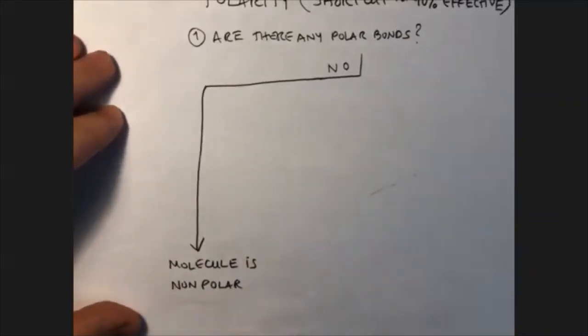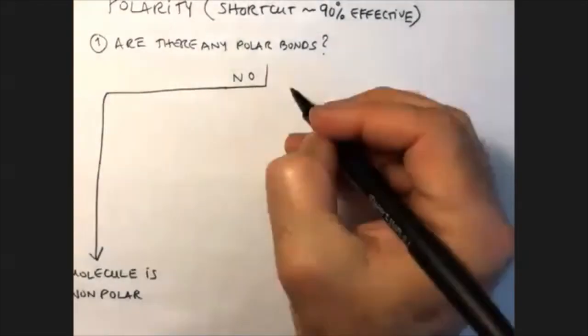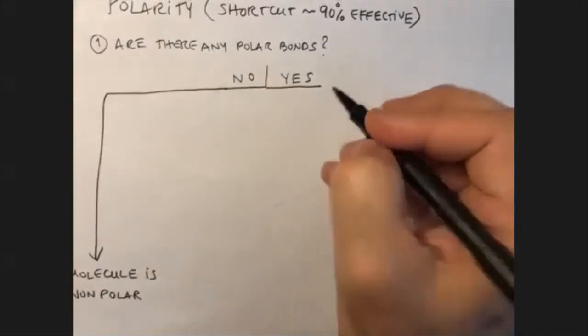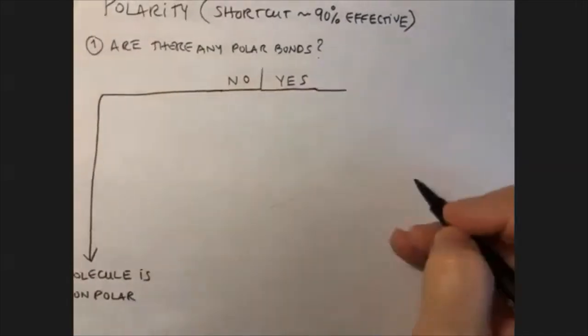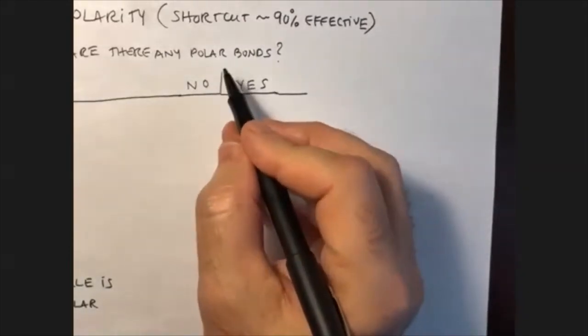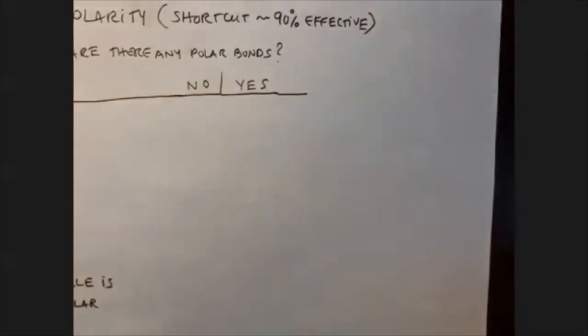All right. Now, what if there are polar covalent bonds? Is that enough? No, we have to ask another question. The question is, right, we had to add them up. They should add up to a net dipole. But remember, we don't have three-dimensional structures to work with.